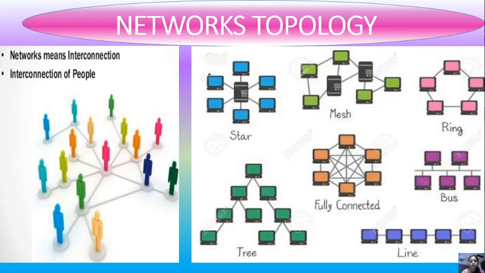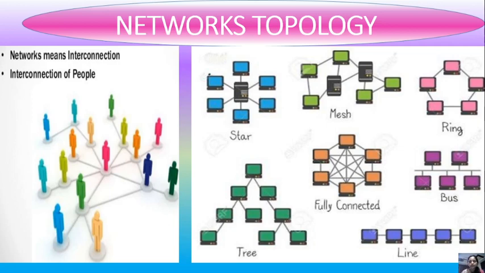Here network topology, network means nothing but interconnection. This interconnection can be of people, or it can be an interconnection of devices, computers. In the right side image, like the left side image, there is a pattern.